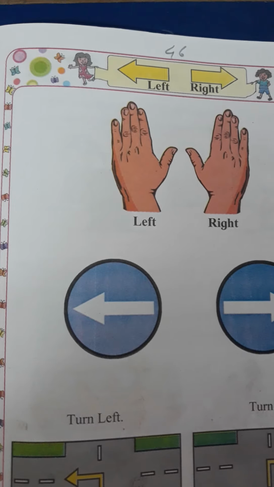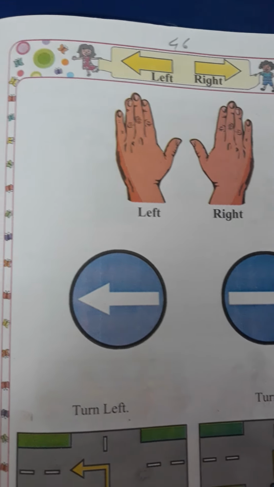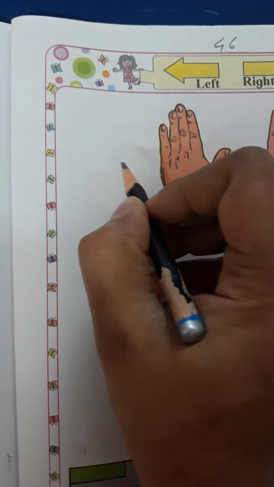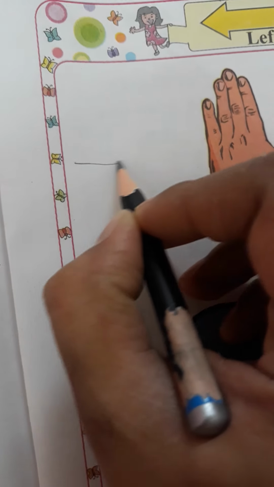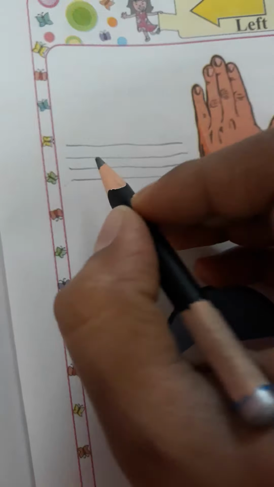Students, you write things in your book. Spellings you write, number names you write. So from where you start? From this side or this side? We always start, look, these are lines in your notebook. From where you start, this side or this side?